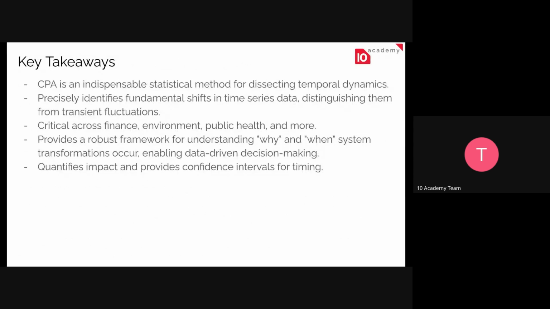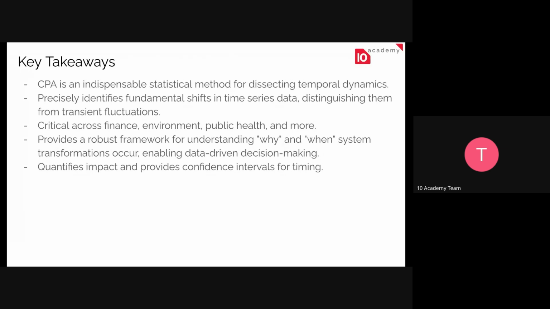Some key takeaways: change point analysis is a very important statistical method for discrete temporal dynamics. It helps you precisely identify fundamental shifts in the time series, which helps you distinguish them from transient fluctuations, and it's very critical across finance, environment, public health, and more.